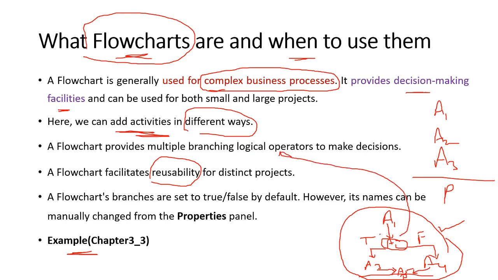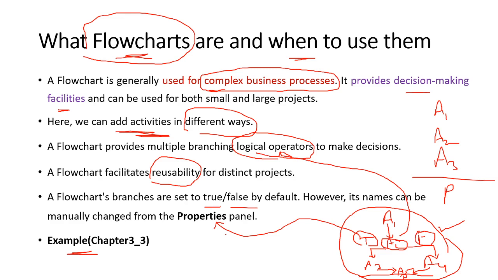Here I have used if do this, else do this, so that is an example of a logical operator. We shall see other logical operators as the classes go on, right? And the flowchart branches are set to true or false, I mean labeled true or false by default. However, you can change these names by using the properties panel. We shall see even this by taking an example, right?